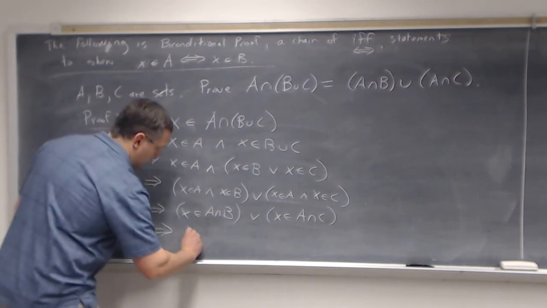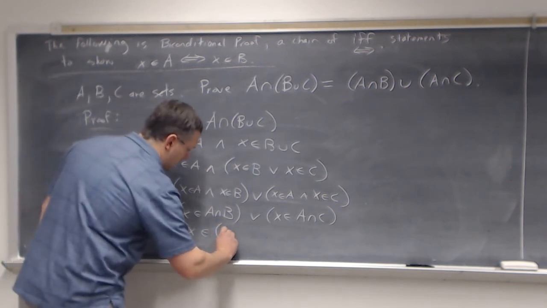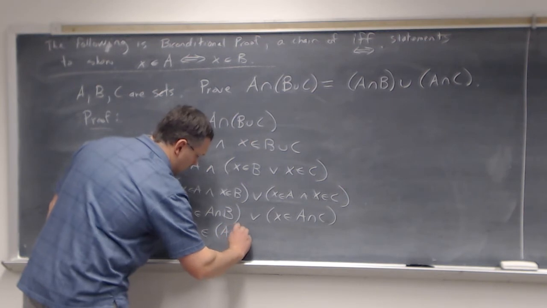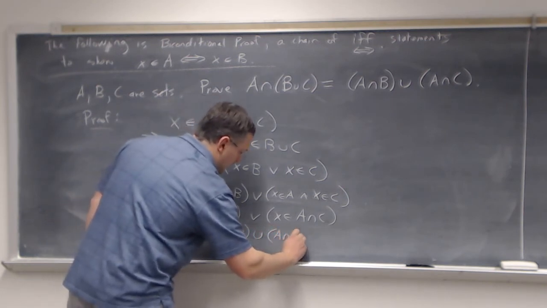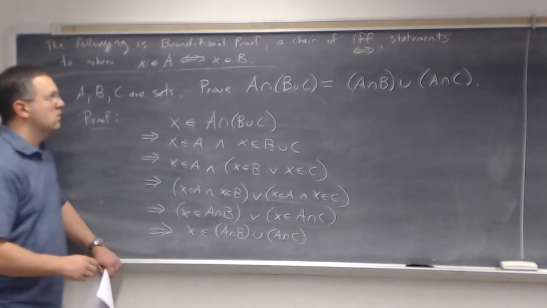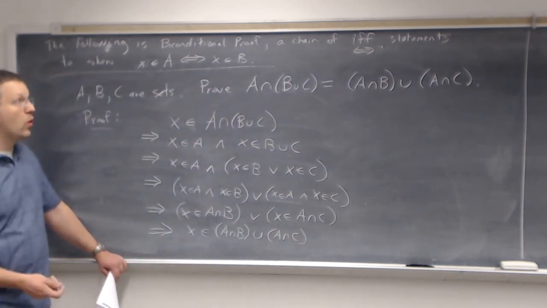So this tells me that x is an element of the union of these two sets, A intersect B with A intersect C. And that's what I wanted.